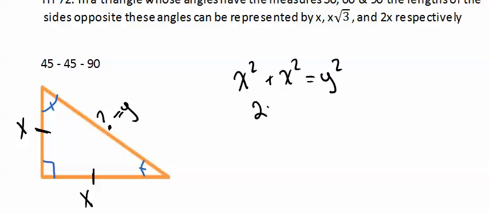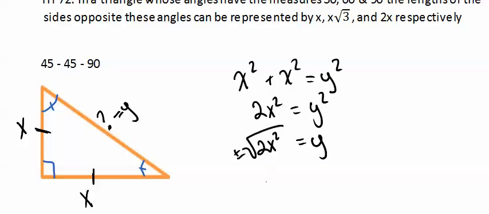And to solve this, we'll get 2x squared equals y squared. We'll take the square root of both sides. So it's plus or minus x square root of 2. And again, because the length cannot be negative, the proportion of the hypotenuse in a 45, 45, 90 triangle is x square root of 2.